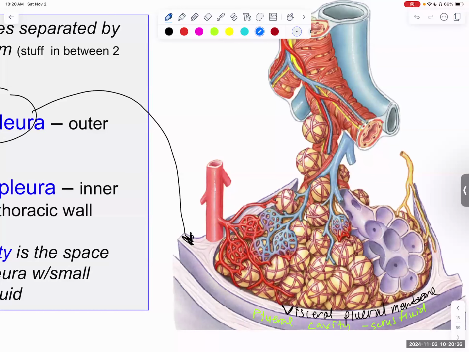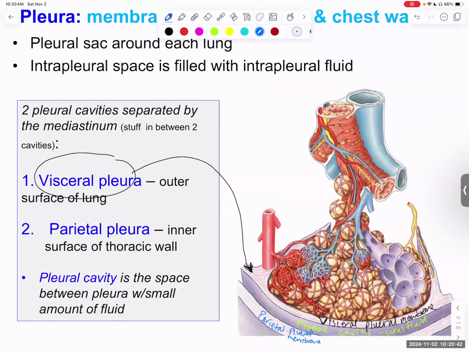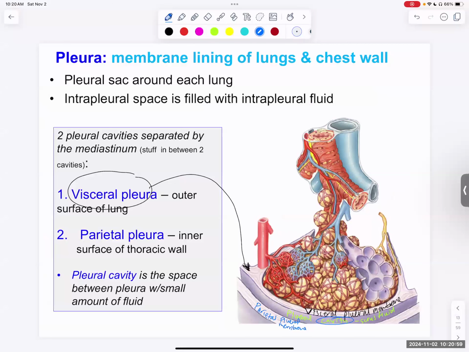And then on the outside here, we have the parietal pleural membrane. So there's these two membranes with a little bit of space in between that are creating the pleural cavity. Might get confusing. Pleural cavity being the big thing. We also say pleural cavity, or you can say pleural space here. This is going to come into play when we talk about pressures.